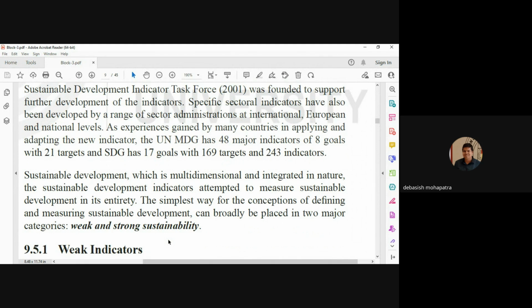So the simplest way of defining and developing the concept of sustainable development can broadly be placed in two categories: weak and strong sustainability. So what are the weak indicators?